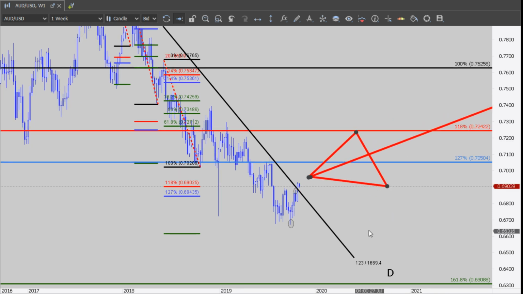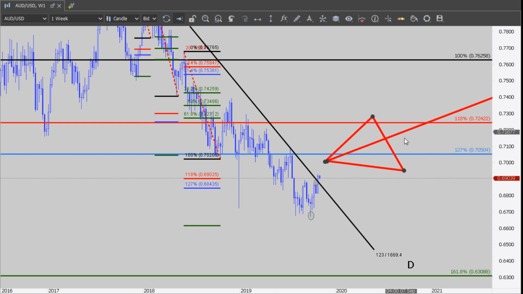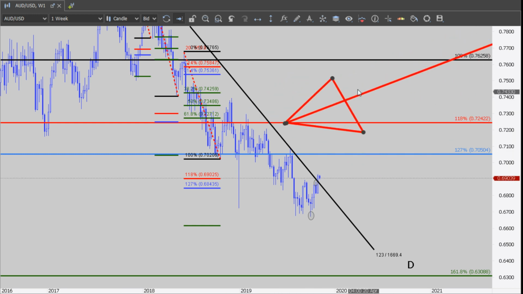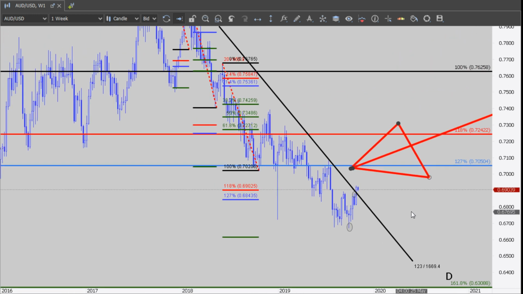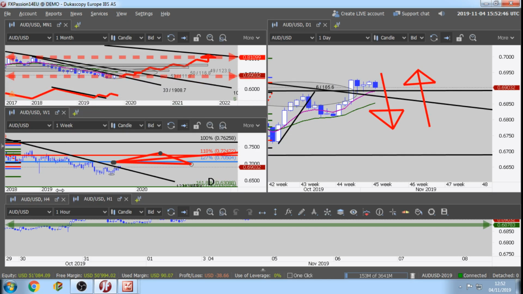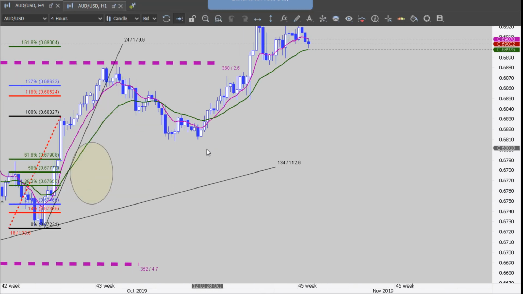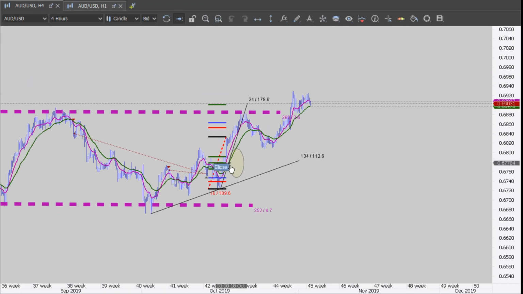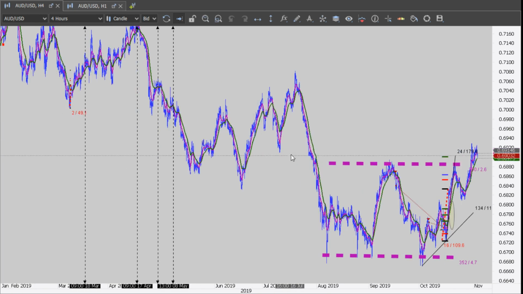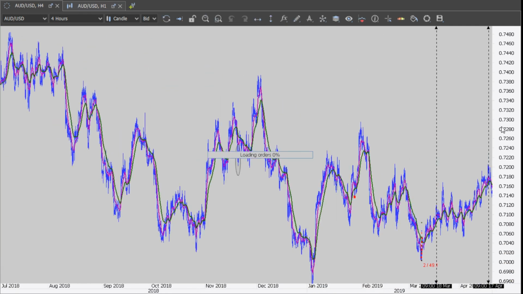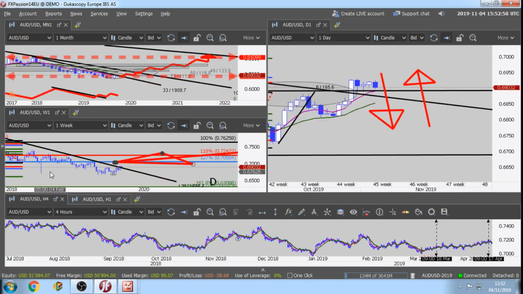So what should we do, everybody? And guess what? You have a down Fibonacci, right? We have a down Fibonacci also on the 4-hour chart, if I'm not mistaken. Let me see. Up and or down, down. No, I don't have it.